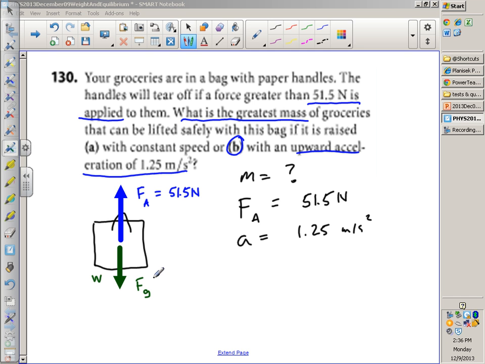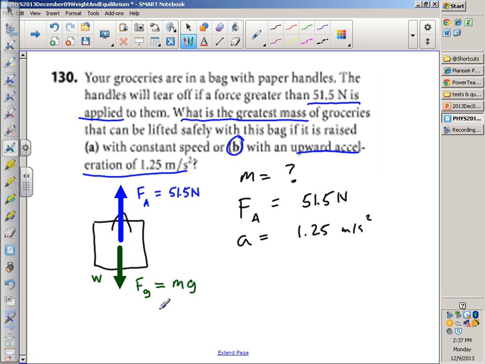We just learned that the force of gravity depends on two things. It depends on the mass of the object, and the acceleration of gravity at that location. The force of gravity is equal to m times g, the mass of this grocery bag times g, the acceleration of gravity. But we have a problem here, right?